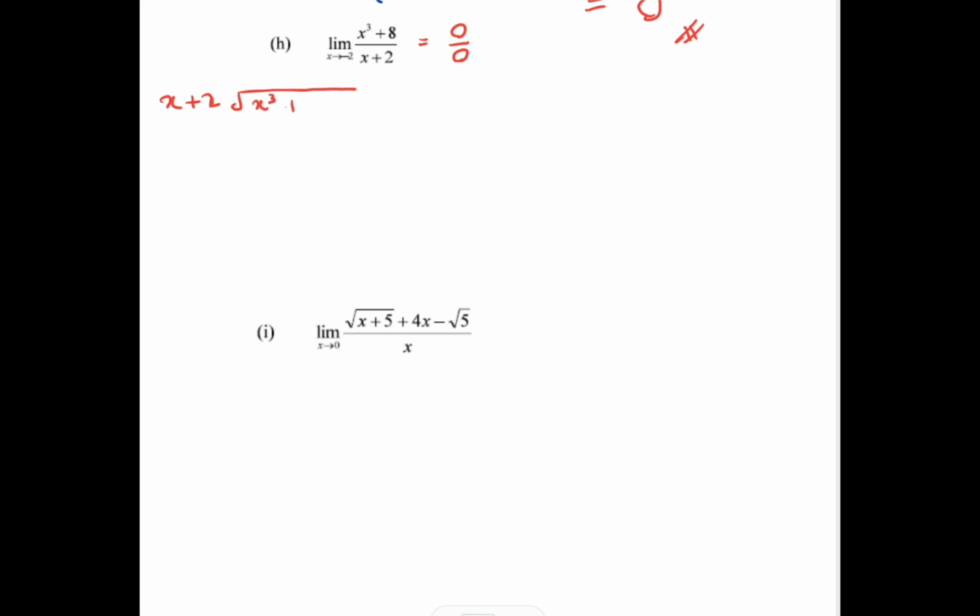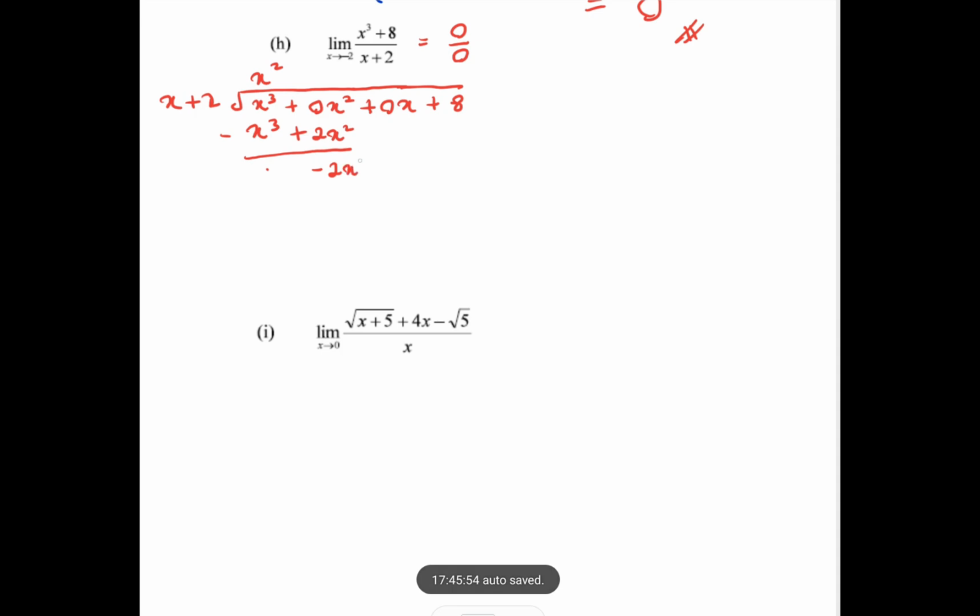For x squared we don't have any value, so we put 0x squared plus 0x plus 8. So x squared here, we can get x cubed plus 2x squared, minus. Down here becomes negative 2x squared plus 0x, and then minus 2x.